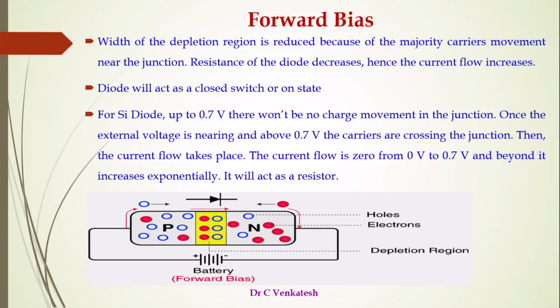Once the particles are attracted by the terminals, the depletion region width is reduced. The width of the depletion region reduces means the resistance of the diode decreases. Once the resistance decreases, the current flow increases.